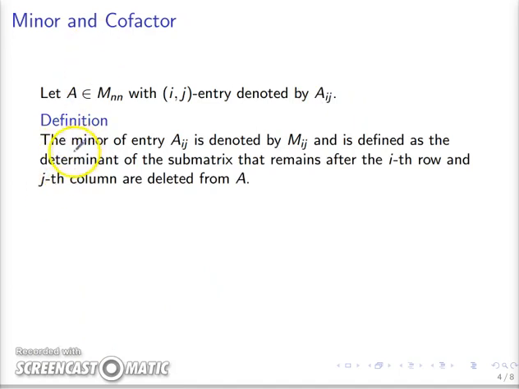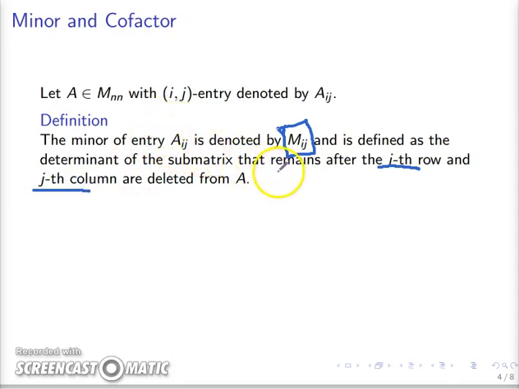We're going to define the minor of the A sub ij entry, using the notation M sub ij, as the determinant of the submatrix that remains after you throw out the ith row and the jth column.